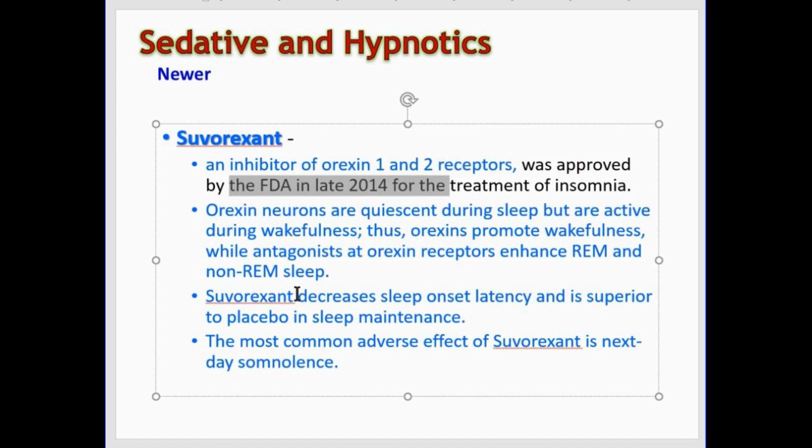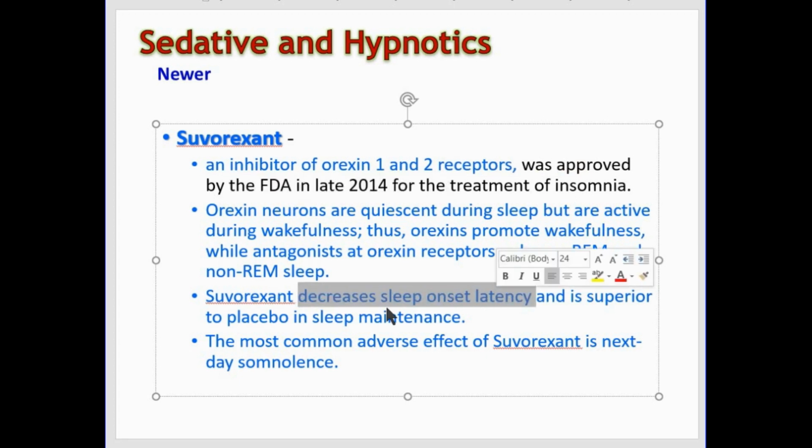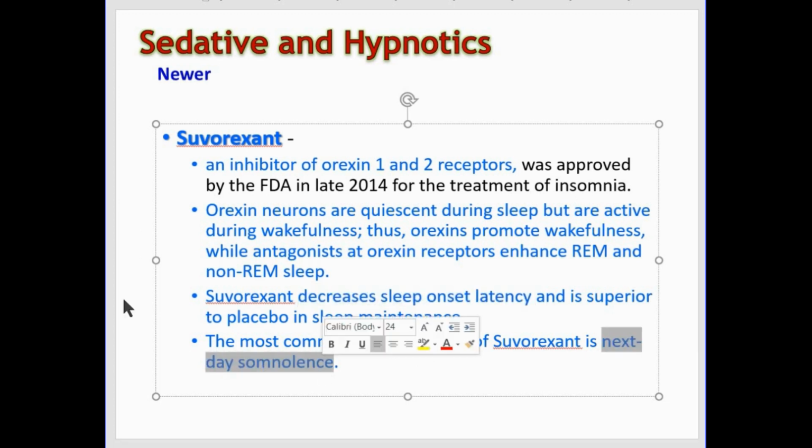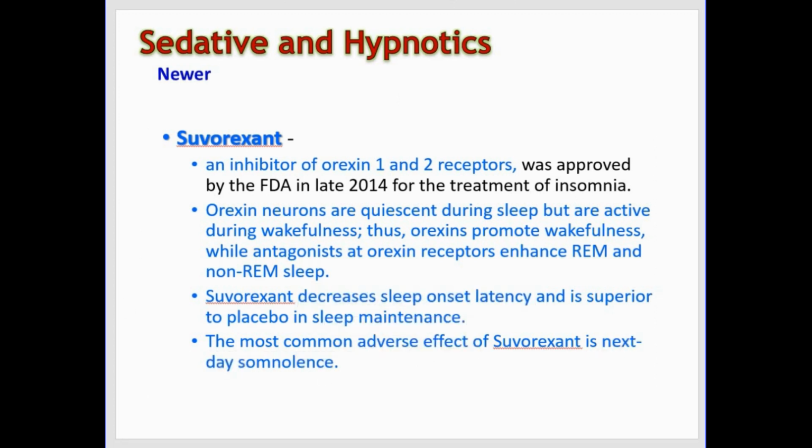And how does this drug work? It decreases sleep onset latency. Basically, it will put you to sleep very quickly. But the adverse effect of this drug is next-day somnolence. You have to consider that in case a patient has a special requirement.